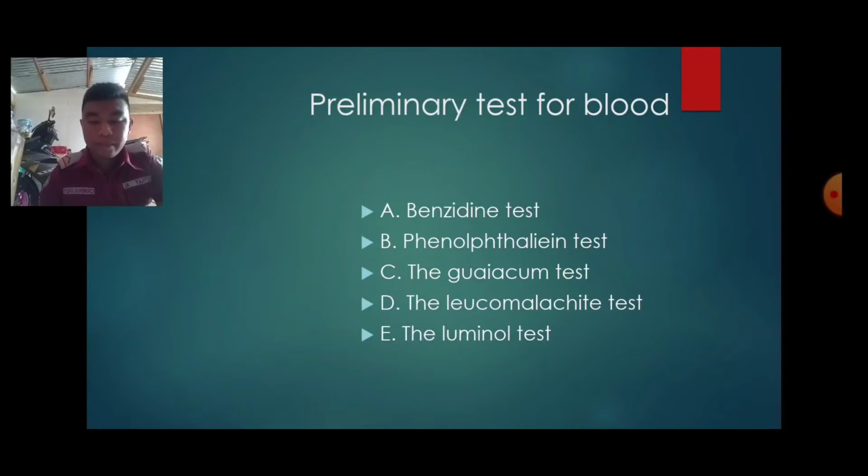And letter C is the guaiac test. It is the fecal occult blood test. FOBT is used to find occult blood, or blood that cannot be seen with the naked eye.